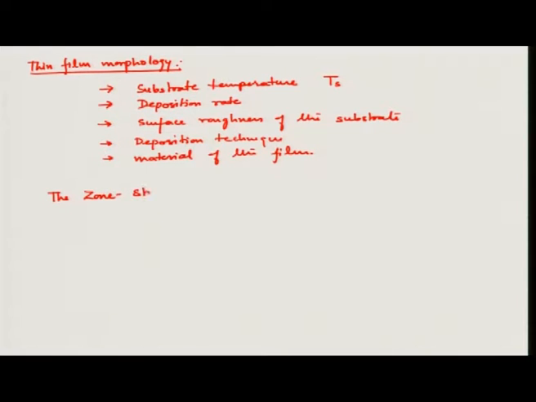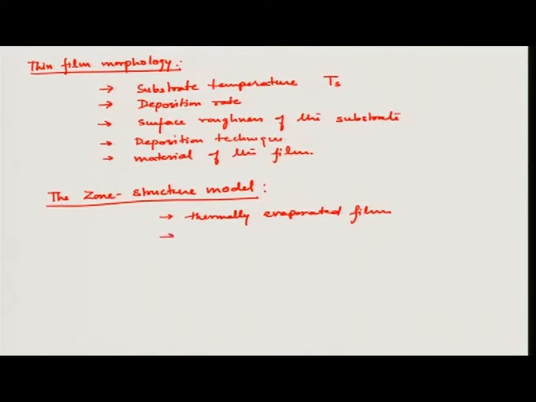Zone structure model. This model was first proposed for thermally evaporated films. And later on this model was evolved to incorporate sputtered thin films as well.